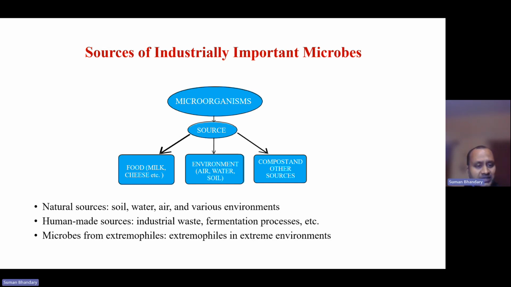The third category, that is microbes from extremophiles, where we can consider thermophiles, psychrophiles, and halophiles.